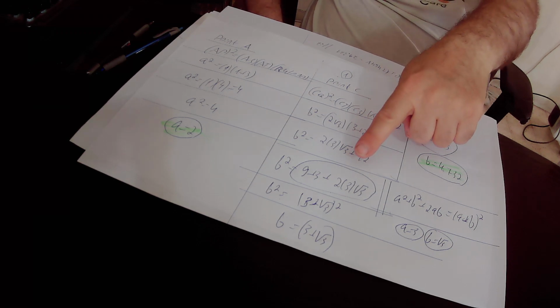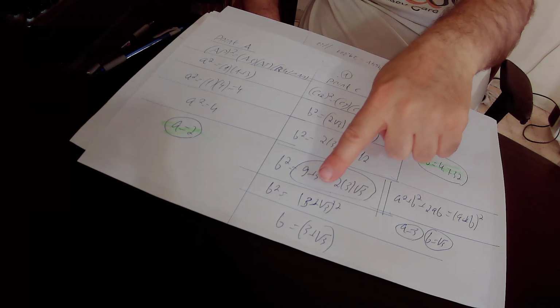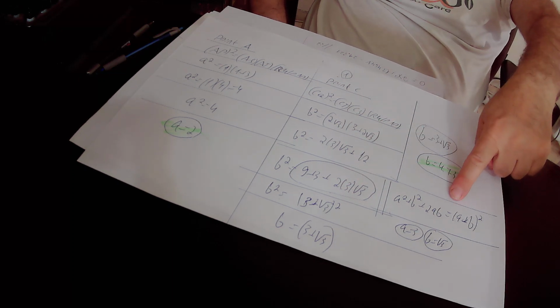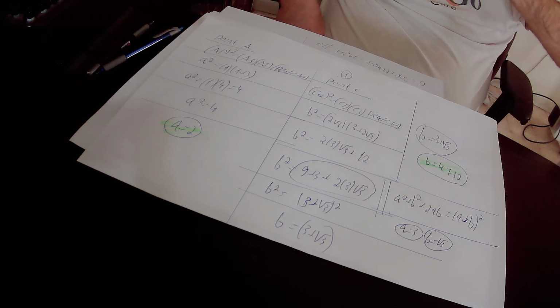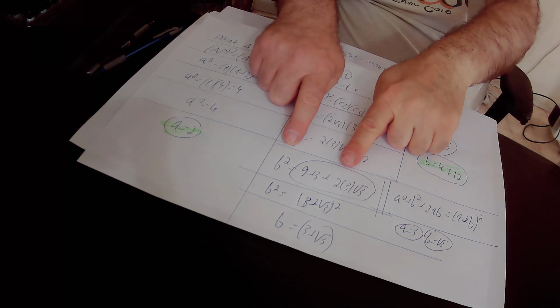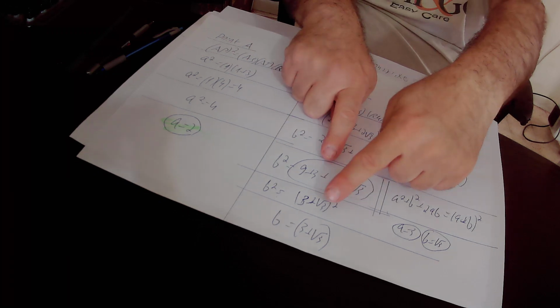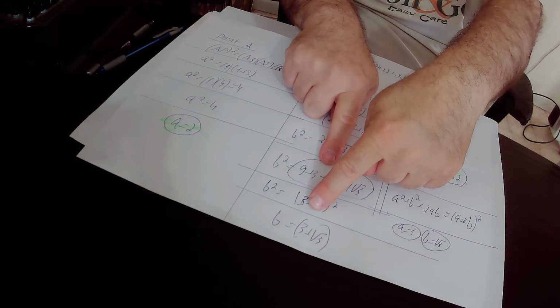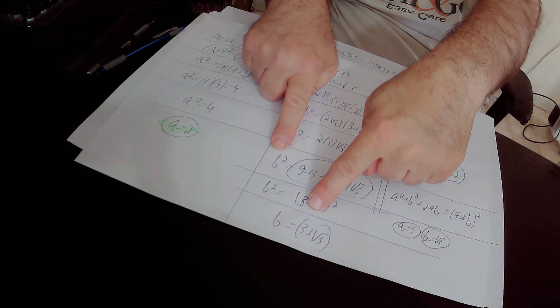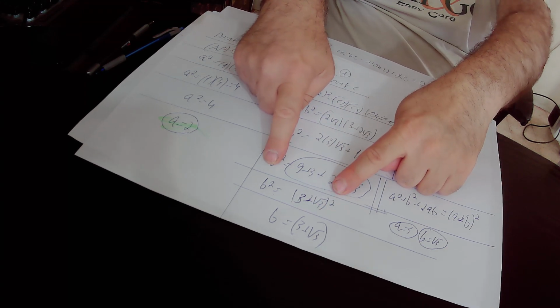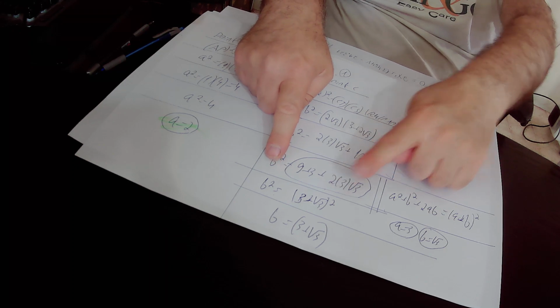So this expression equals (3 plus square root of 3) squared according to this algebraic identity. Those two expressions are equal to each other, and therefore B squared equals (3 plus square root of 3) squared.